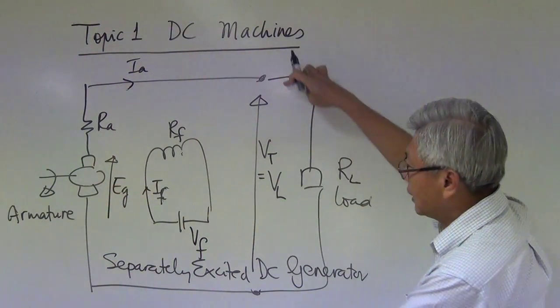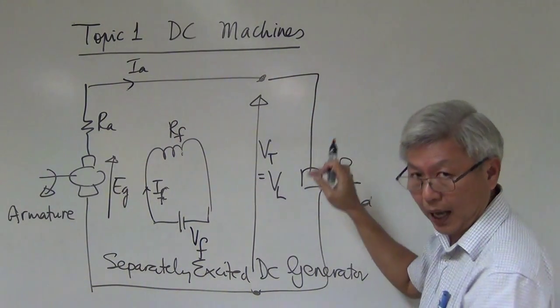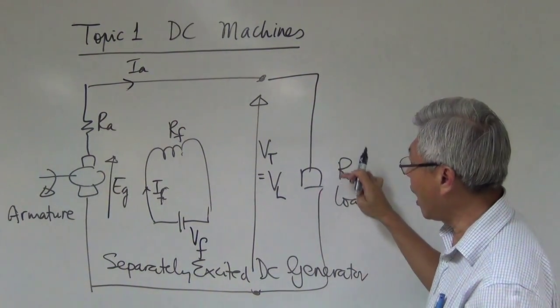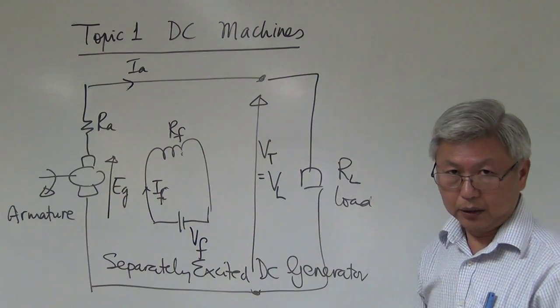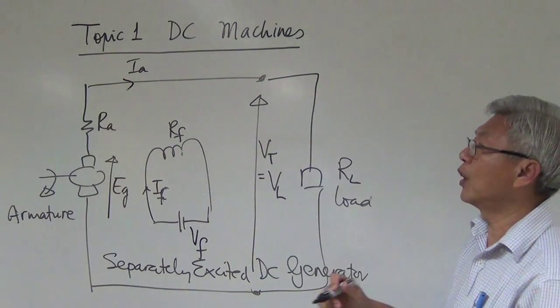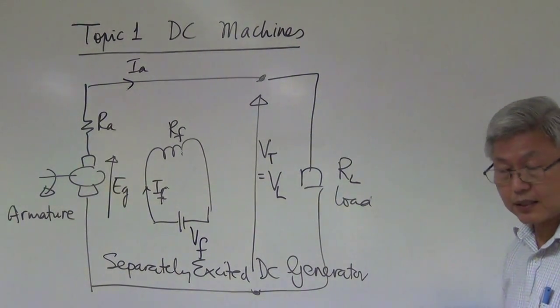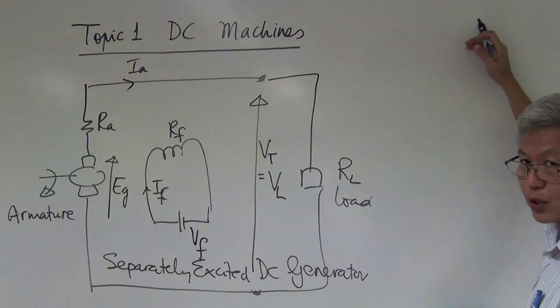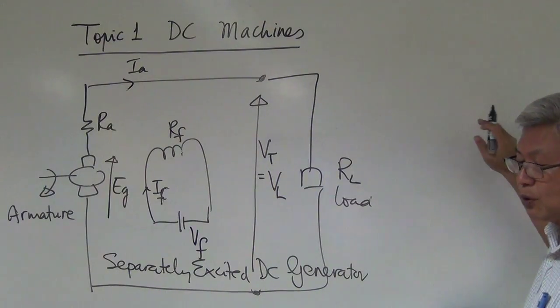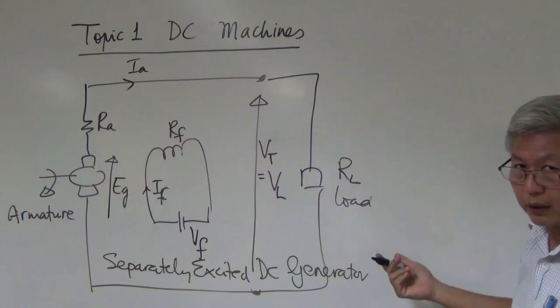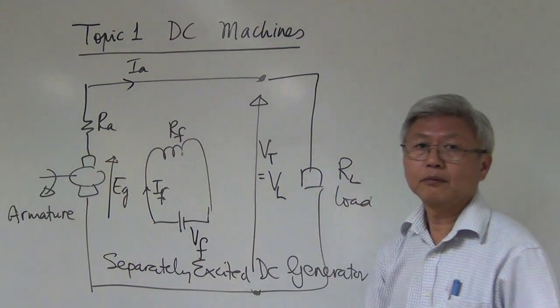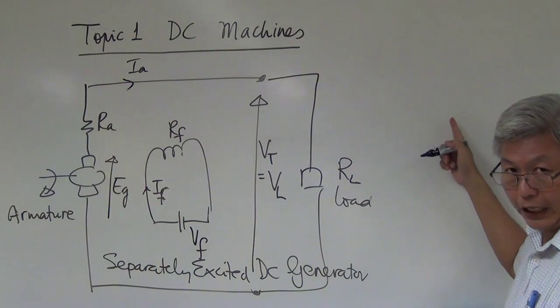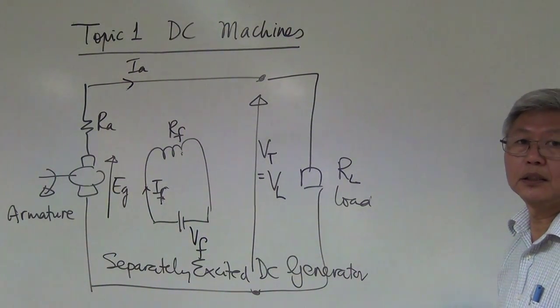V times I, terminal voltage multiplied by IA, or I squared R, IA squared RL. Then we move on to Eg is proportional to N flux. They give us Eg2 over Eg1 equal to N2 over N1, flux 2 over flux 1. If you want to replace the flux with a current, which current? IF. Things that have no change, you cancel them away.